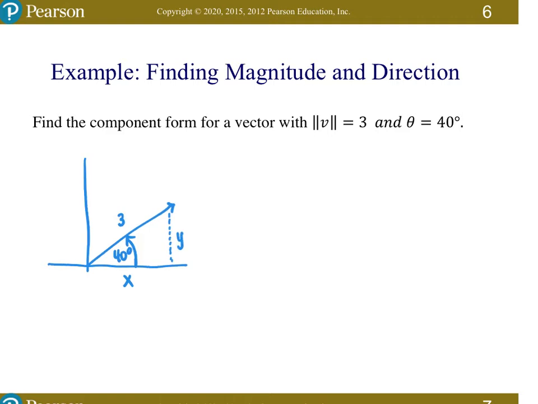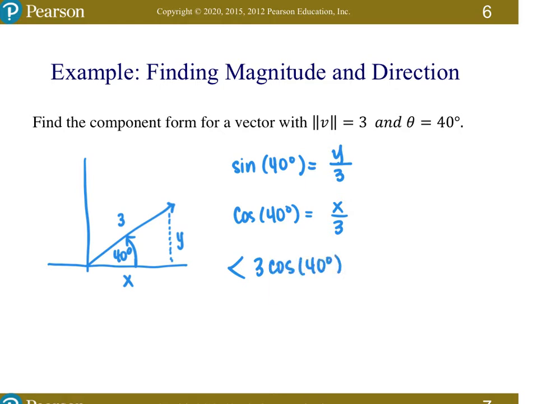So we'll just use a little right triangle trig to come up with this. We know that the sine of 40 degrees is going to be y over 3. And the cosine of 40 degrees would be x over 3, which is going to give us our component vector. So the x component would be 3 cos 40, and the y component would be 3 sine 40.